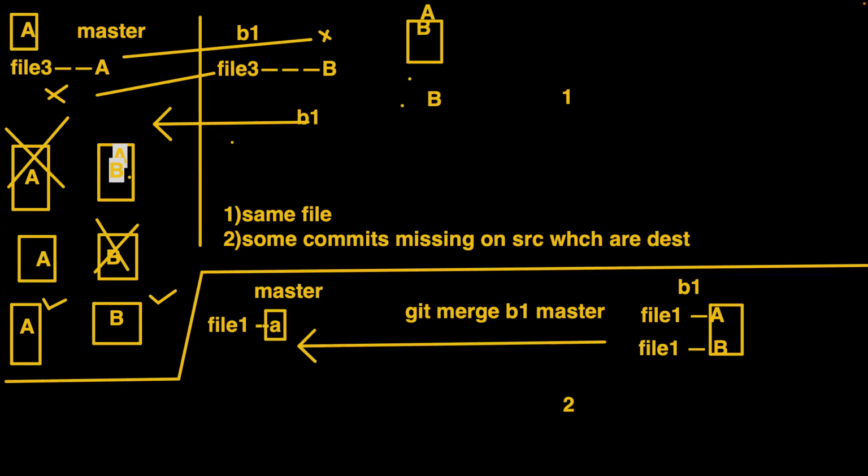When you say that some commits are missing on the source which are on the destination, like in the second scenario, B is missing on the source. So source is B1, right? So you're merging from B1 to master. Yeah, the arrow indicates you are bringing changes into master. Okay, thank you.